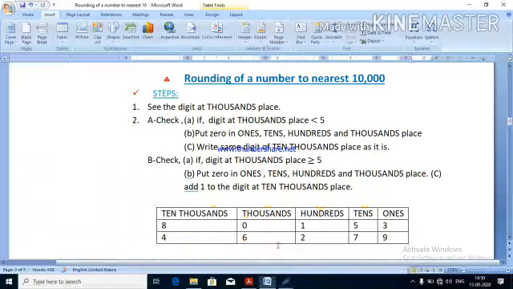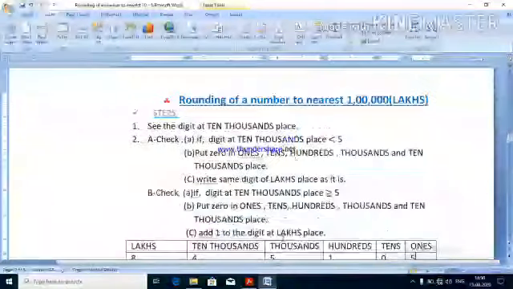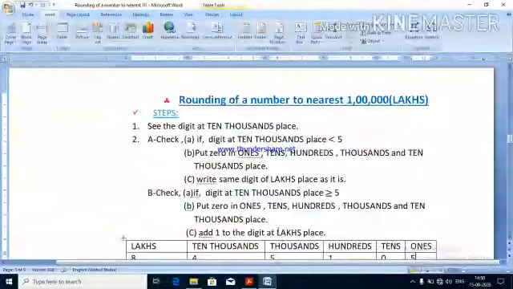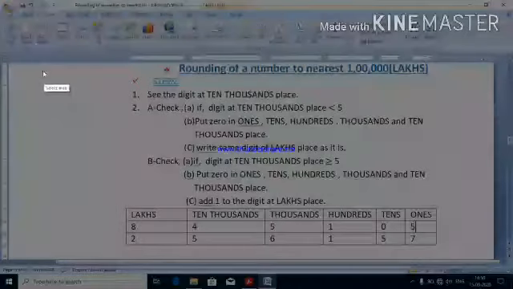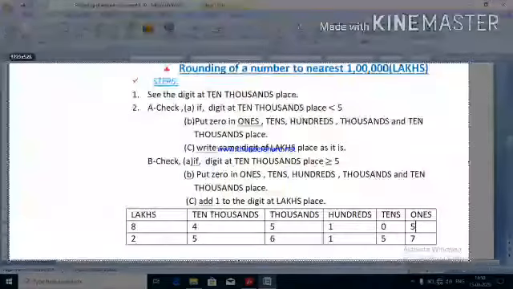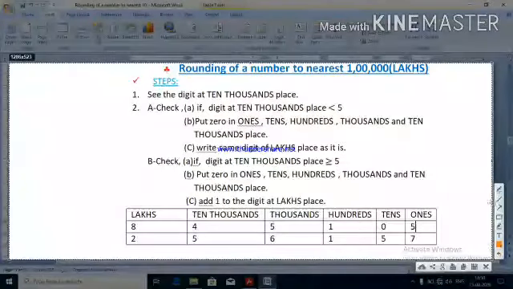Next, rounding of a number to the nearest lakh. In this situation we'll do the same thing. You have to see the digit at the 10,000 place.